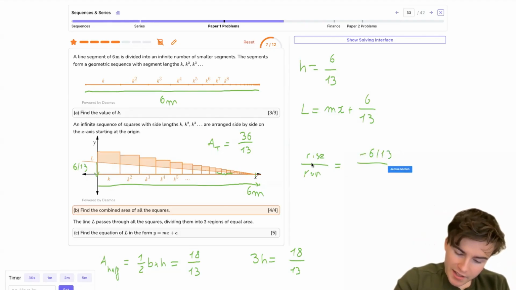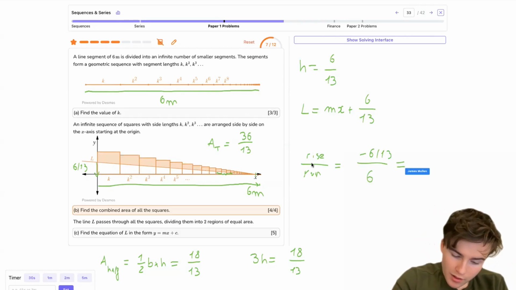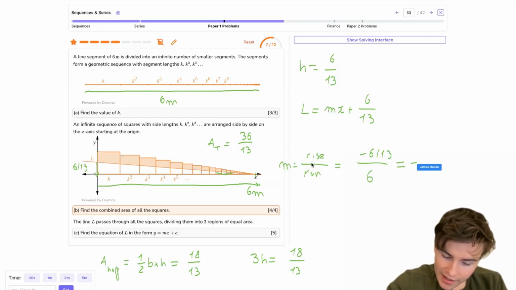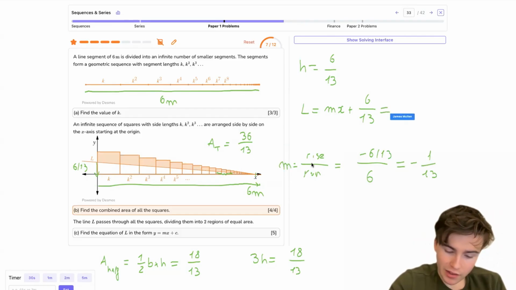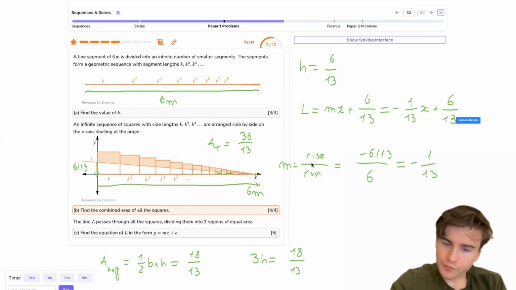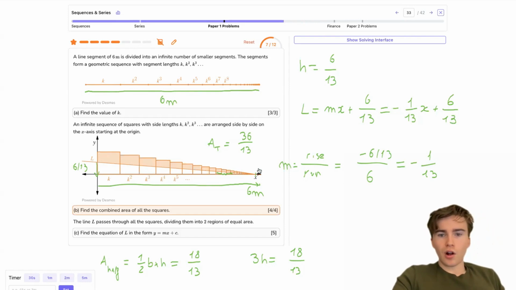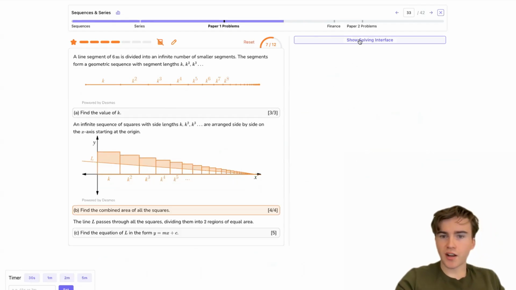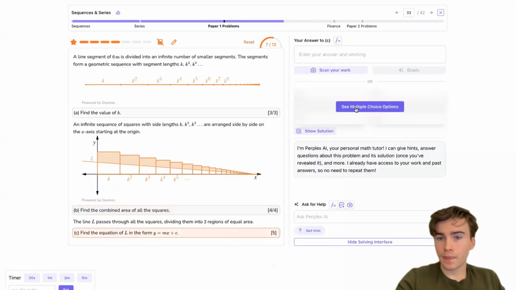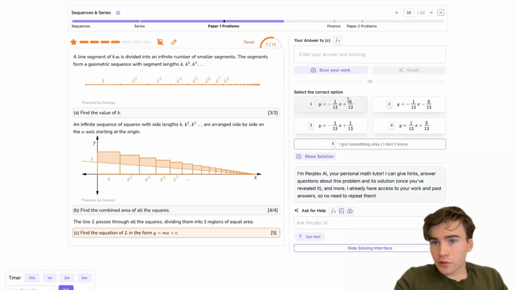And my run is 6, which means that the slope, m, is just negative 1 over 13. All right, so what is the final equation of the line? Negative 1 over 13x plus 6 over 13. All right, nice, well done. That's a tricky question. Let's just check with the multiple choice. Negative 1 over 13x plus 6 over 13. There we go.